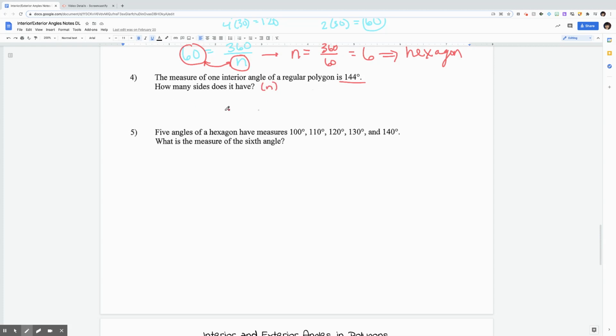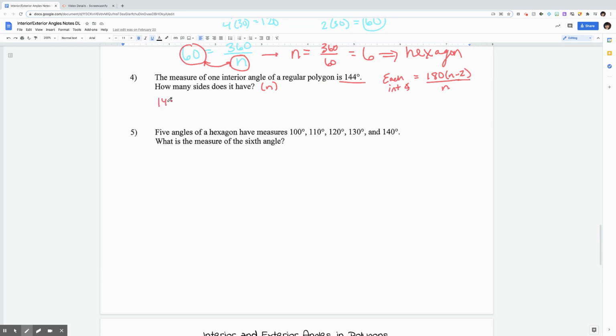So I'm going to plug this information into my formula. Remember, the rule is each interior angle equals 180 times n minus 2, divided by n. So I know each interior angle, and I don't know n.